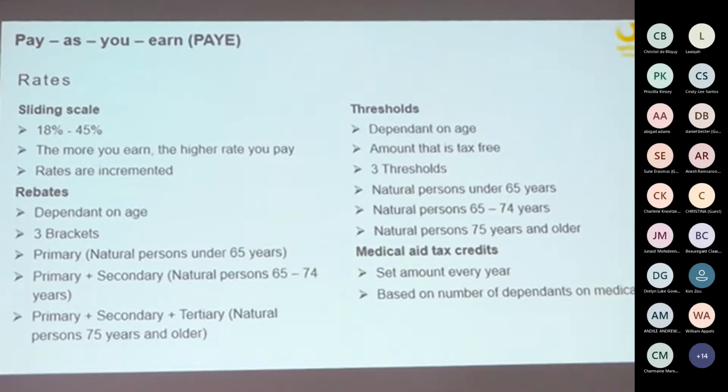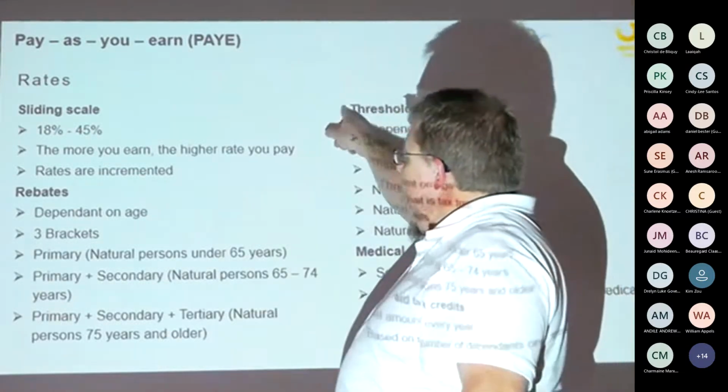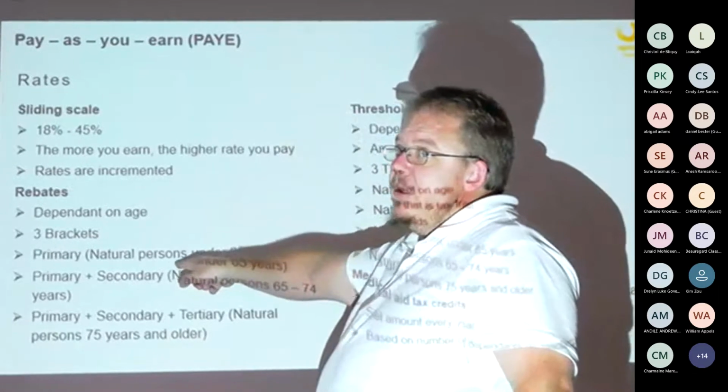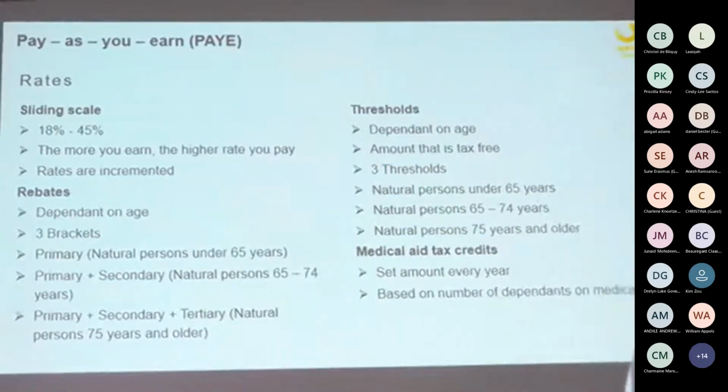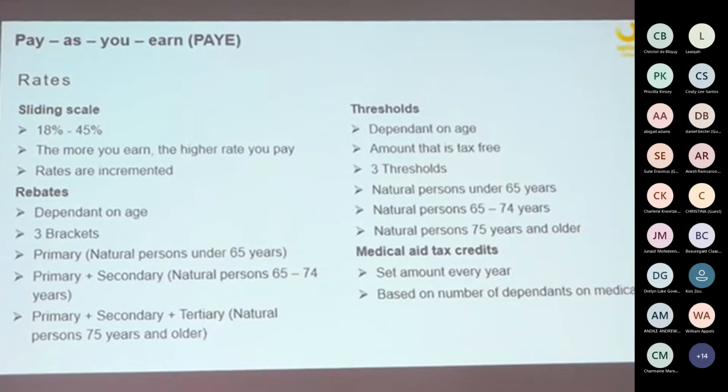Thresholds depend on your age and are directly linked to the rebates. The threshold is the tax-free portion, the amount that is tax-free. There are three thresholds: natural person under 65 years, natural person 65 to 74, and natural person 75 years and older.